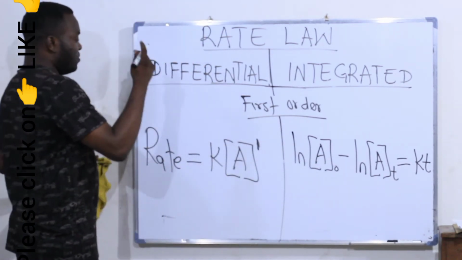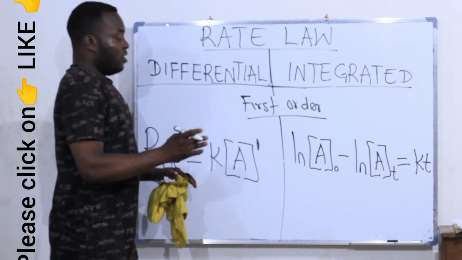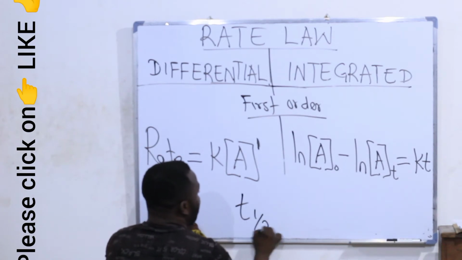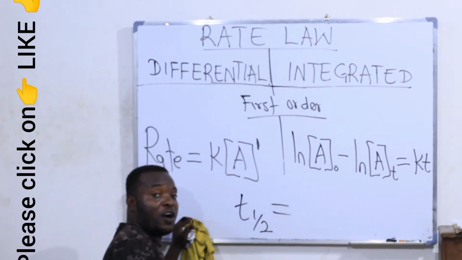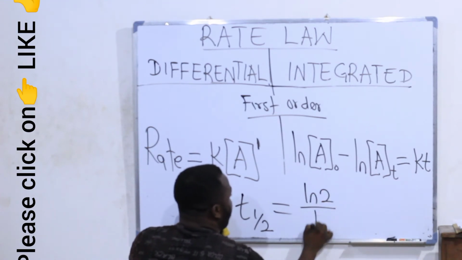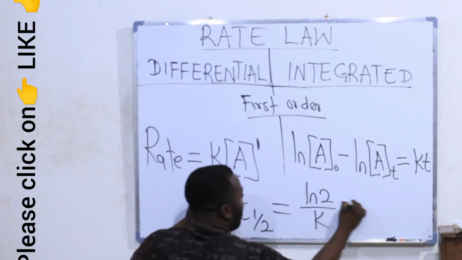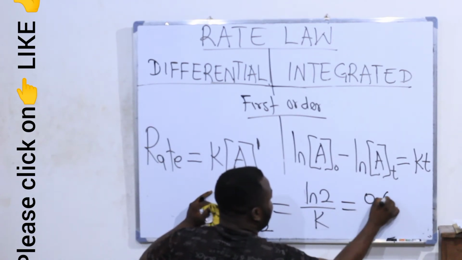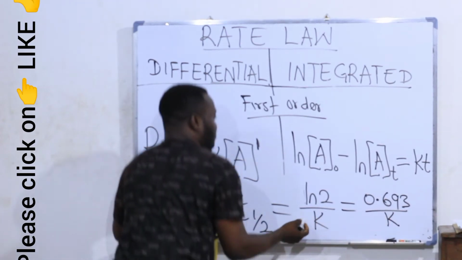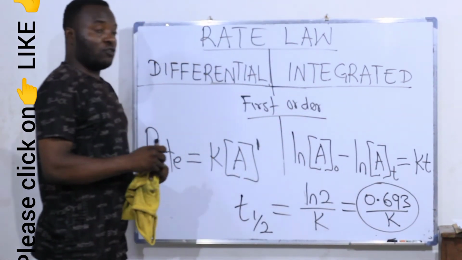And for the first order reaction, the half-life is the same half-life you have for radioactivity, which is ln 2 divided by K. And if you punch ln 2 in your calculator, you have it as 0.693 all over K. This is the formula for half-life of first order reaction.